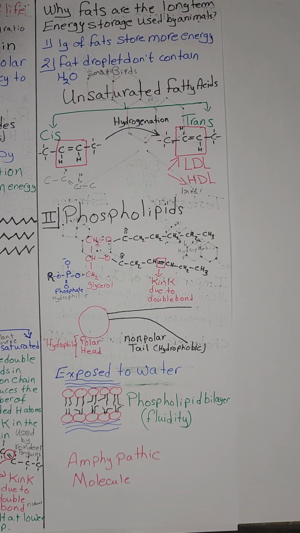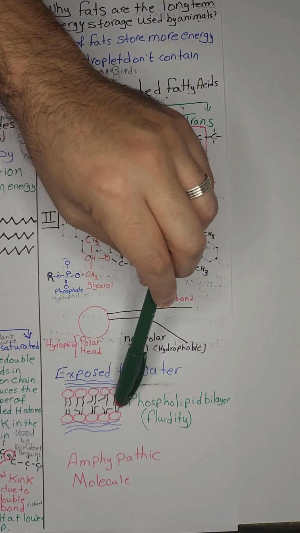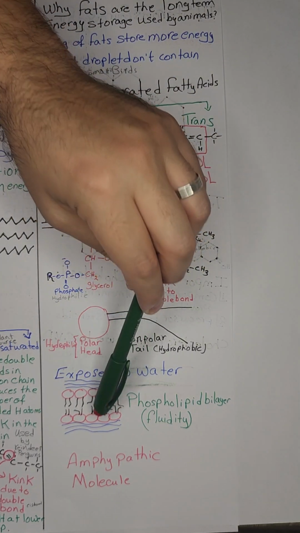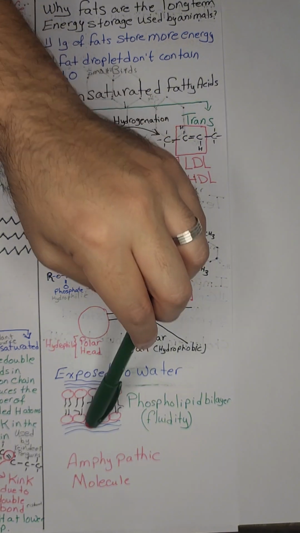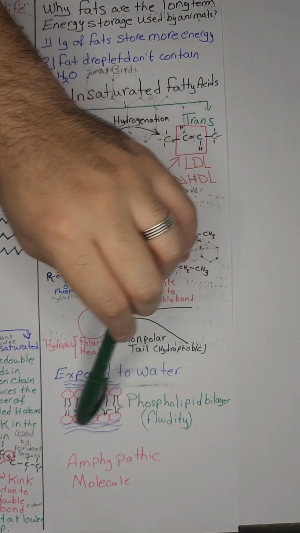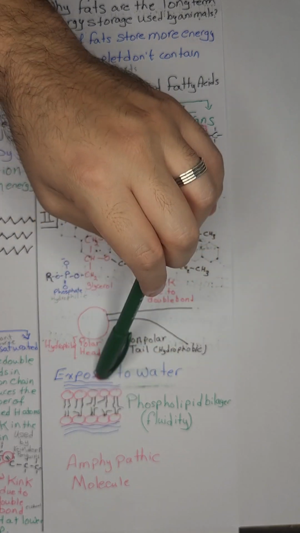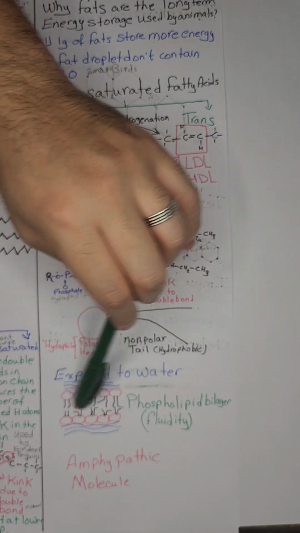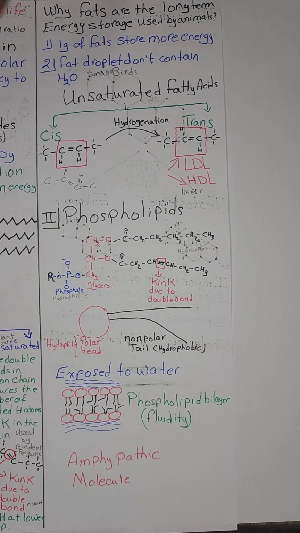This is very important to hide the hydrophobic tails and sandwich them between two hydrophilic heads. So these hydrophilic heads are able to be in contact with water, while the hydrophobic tails will be hidden inside the bilayer.